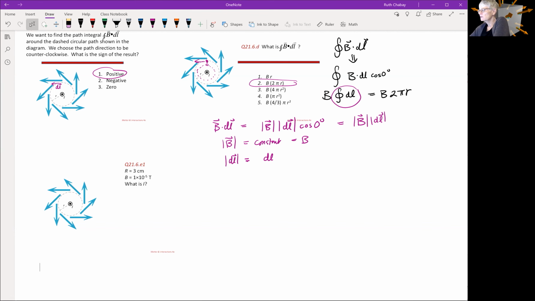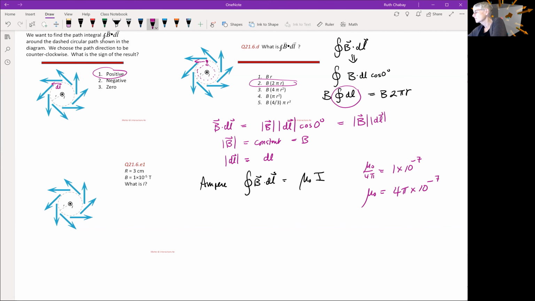What is I? Well, let's write down Ampere's law again. The integral of B dot dl is mu 0 times I. What's the value of mu 0? Well, mu 0 over 4 pi is 1 times 10 to the minus 7. So mu 0 is just 4 pi times 10 to the minus 7 Tesla meter per ampere.